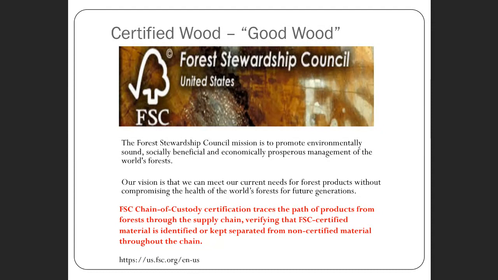Right, here's the term chain of custody, right? Chain of custody means that there's tracking as to where that wood was grown, how it was harvested, where it was manufactured, et cetera, et cetera.